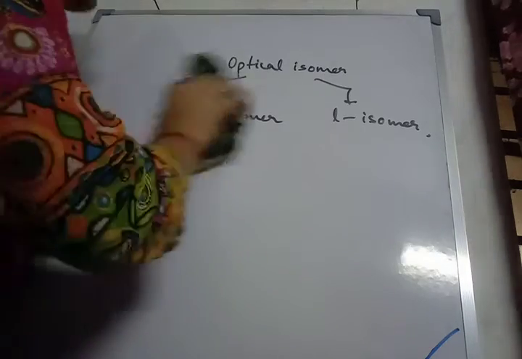So square planar complexes do not exhibit optical isomerism because they always contain a plane of symmetry. So it never shows optical isomerism. And in tetrahedral complexes, though they exhibit optical isomerism, it is very rare. So we shall mainly study optical isomerism in octahedral complexes.